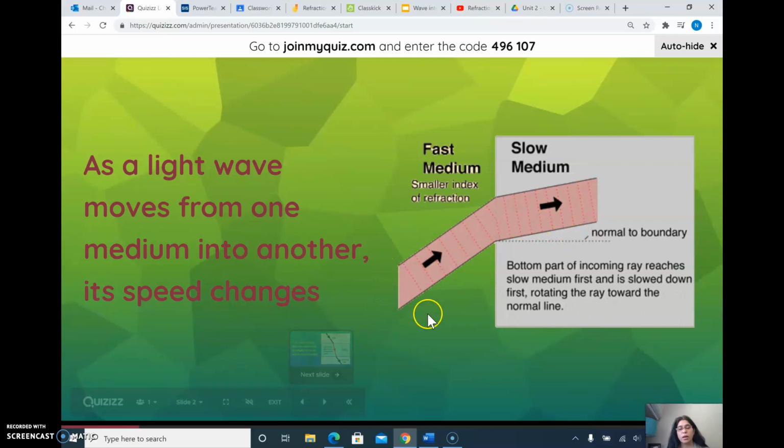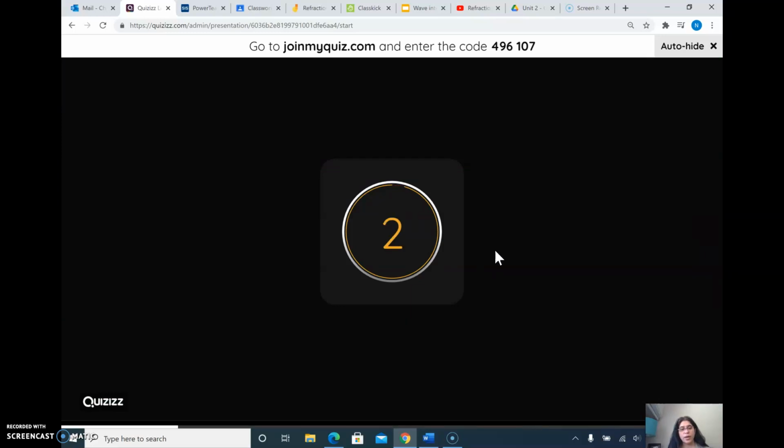So when a ray is going from the fast medium to the slow medium, its speed changes. What happens? It increases or decreases? Yes, it decreases, it slows down. In slow medium, speed slows down. So let's see what's your understanding about the question.